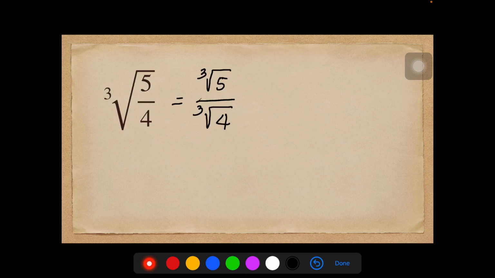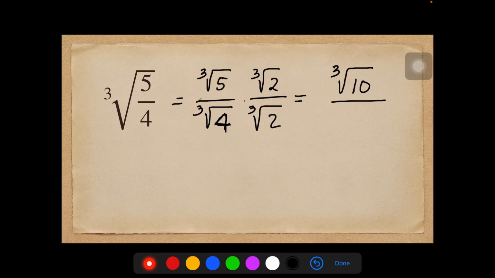So we're going to come up with a number to be multiplied to 4 in order to become a perfect cube. That's why we have to multiply it with the cube root of 2, and that is also to be multiplied to the numerator. So applying laws of radicals, we have the cube root of 10 over the cube root of 8, because 4 times 2 is equal to 8.